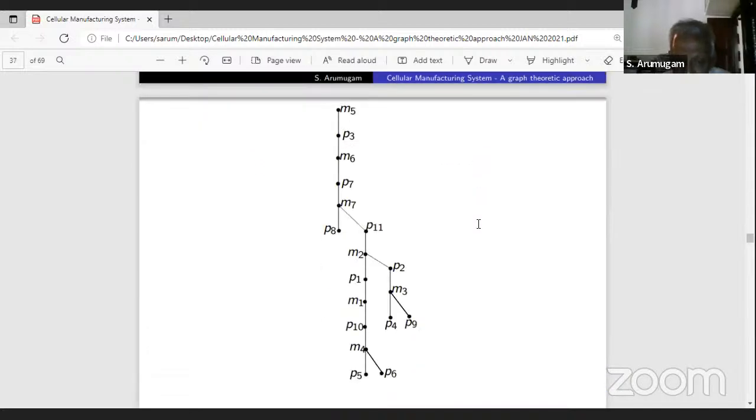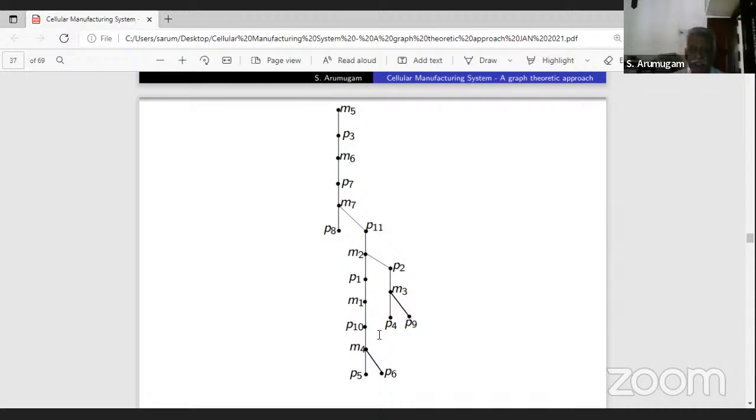I shall try to break this tree at some point so that it more or less becomes equal, not exactly, more or less. Suppose I remove P11, M2. The graph becomes 2 components. One component has 7 vertices, the other component has 11 vertices.